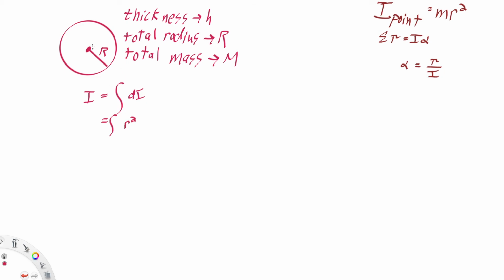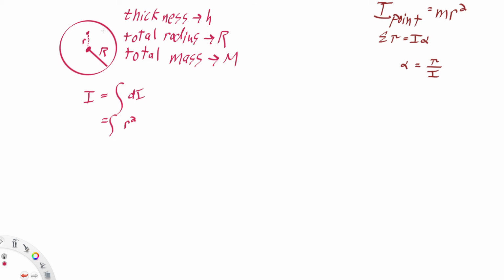So big R is the total circle, but little r is the distance between the center and some arbitrary point that's not all the way to the edge.